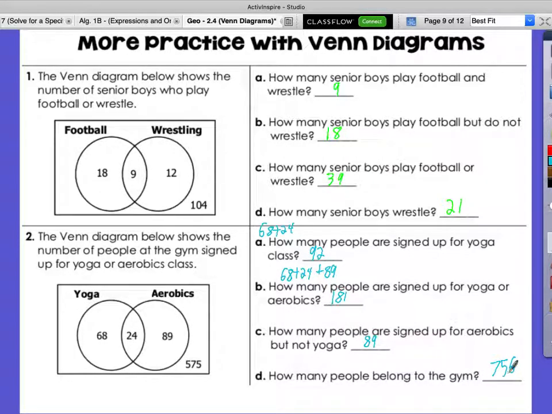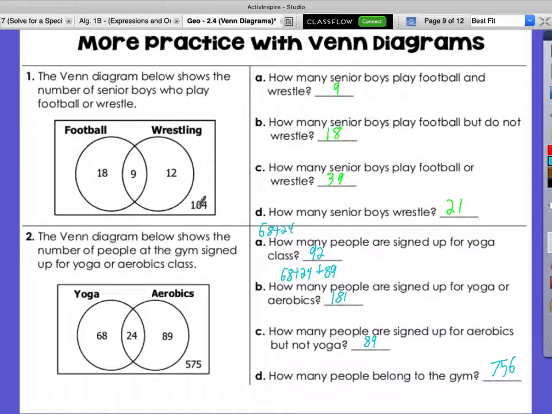Just because you go to the gym doesn't mean you have to do yoga and aerobics. So you take this 575 plus these 3 numbers. 575 are just the people who don't fit in any of these categories but still belong to the gym.